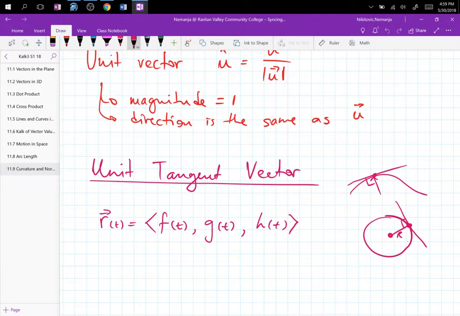We have the vector r, which is the collection of all parametric equations which parametrize the curve. If you use f and g, it's 2D. If you use f, g, h, it's 3D. Or you can use more if you need to. And then you have the derivative, which would be simply f prime, g prime, and h prime.